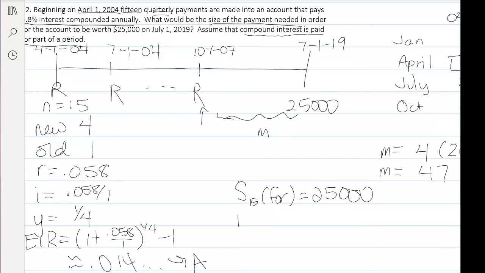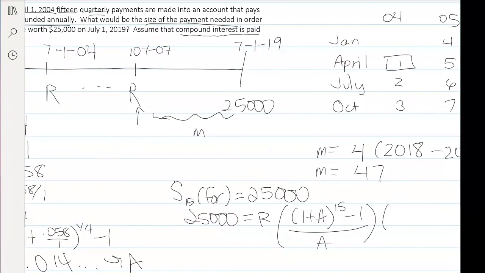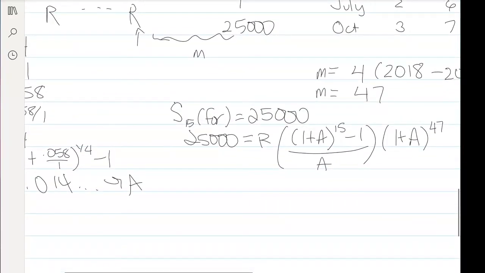So we have 25,000 equal to R times 1 plus A to the 15 minus 1 over A times 1 plus A to the 47. Again, 15 is our N, 47 is our M. So we have to figure out what this big coefficient is. So we have 25,000 is equal to R times some really big number.